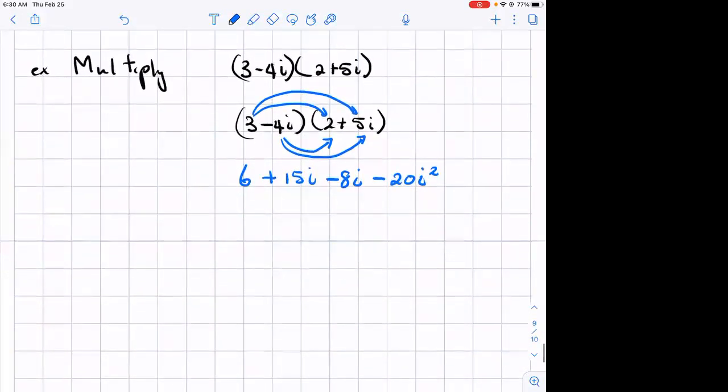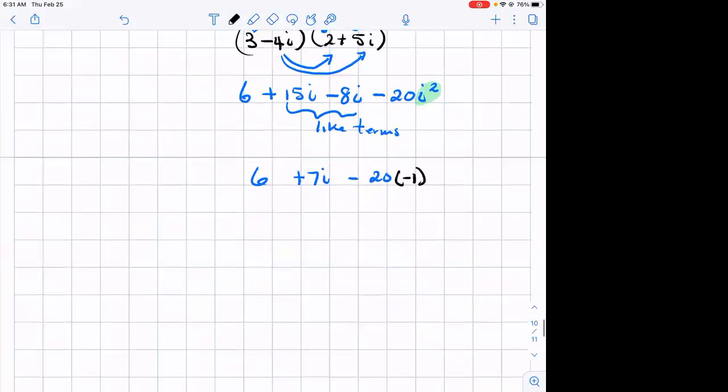Now simplifying this, we have 6. These are like terms. Okay. So 15i minus 8i becomes plus 7i, minus 20. But remember, i squared we established before, i squared is minus 1. Whenever we see i squared, we write minus 1.